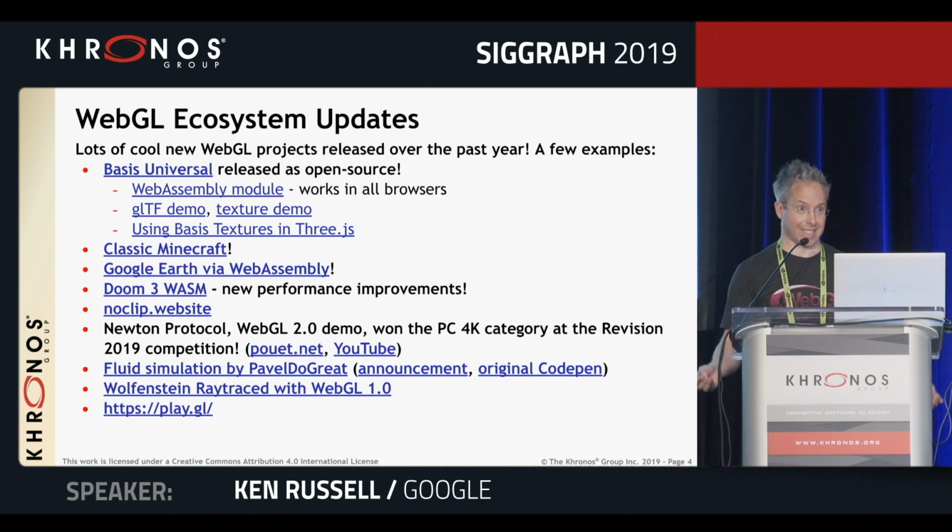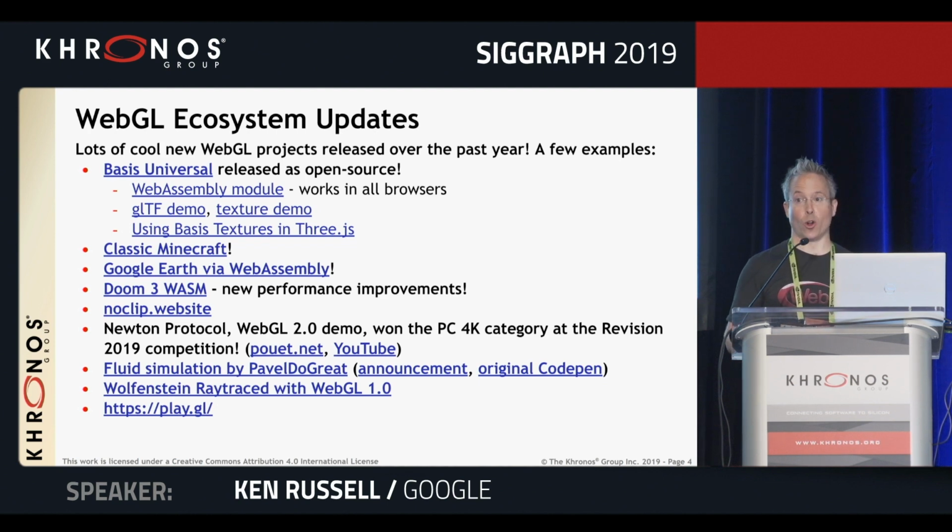This is amazing. This is a collaboration with Binomial, based in Seattle. They're awesome. And it's already integrated in Three.js and a bunch of other engines, so please go check this out.